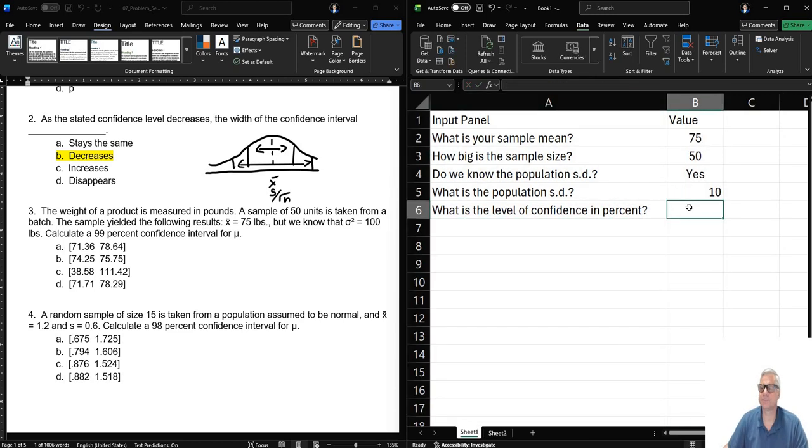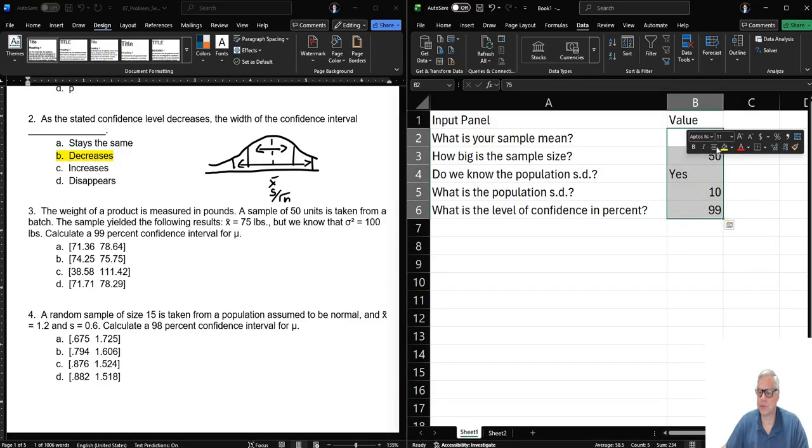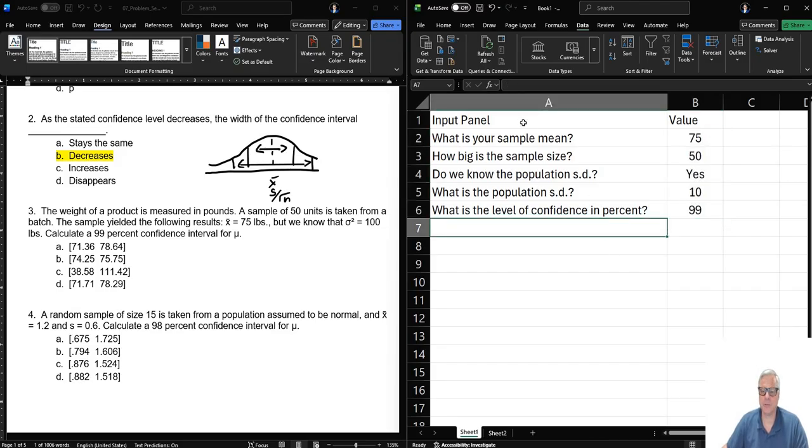So in percent, we want the 99. So that should be everything that a user should enter. That should give us all the information that we need.